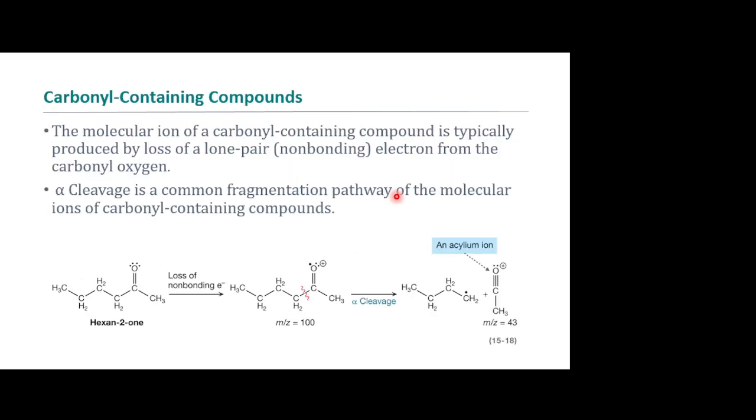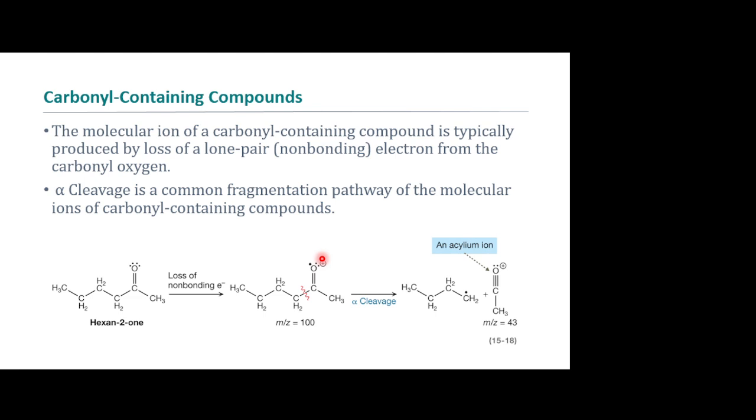Let's talk about some carbonyl containing compounds. In carbonyls we have a double bonded oxygen here. The molecular ion of carbonyl containing compounds is produced by the loss of a lone pair non-bonding electron from the carbonyl oxygen, and that's your M plus right there.